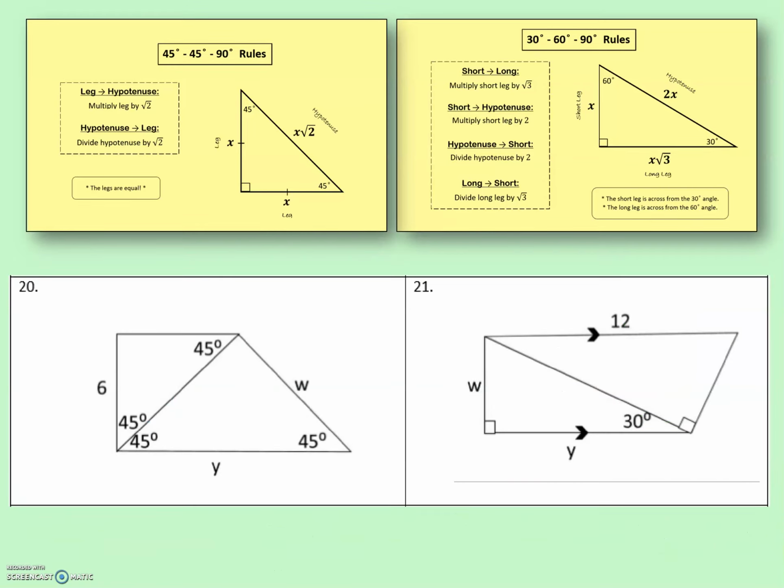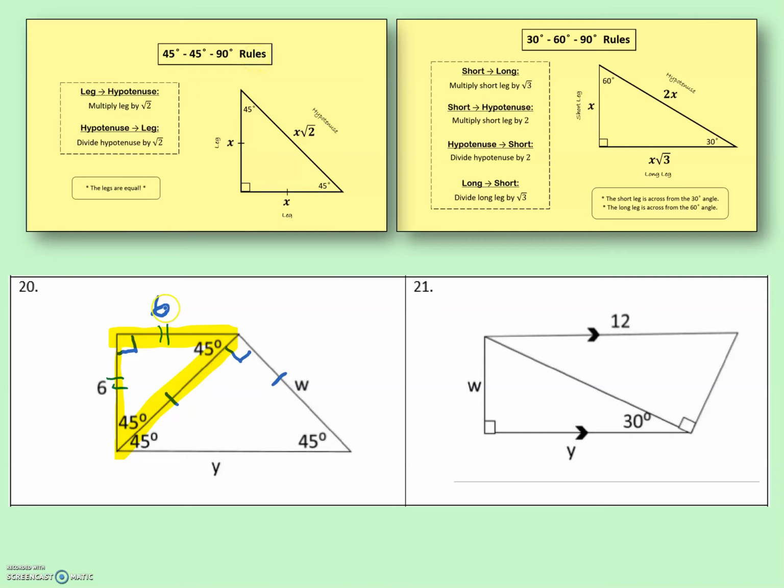All right? In number 20 here, it looks like we have 45, 45, 90 triangles. You can do that when you add up the angles, and we know that these are 90, which means that these are congruent, and then these guys are congruent, right? So looking at this first triangle here, I'll highlight it in yellow. If this leg is 6, that means that this leg is 6. That happens every single time in a 45, 45, 90 triangle.